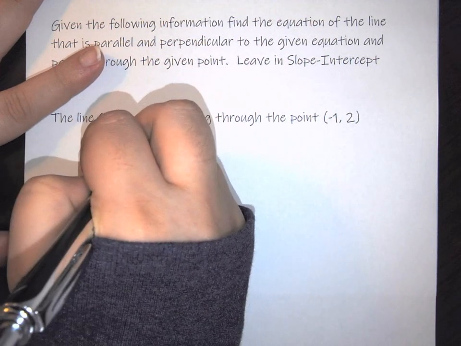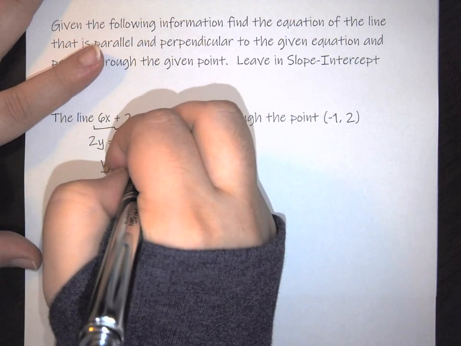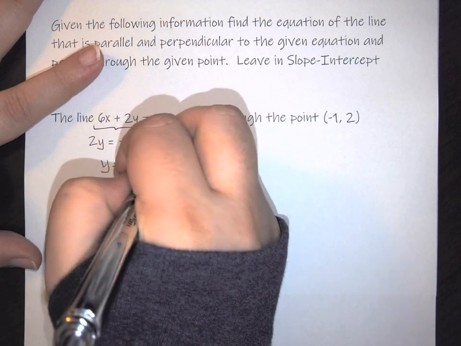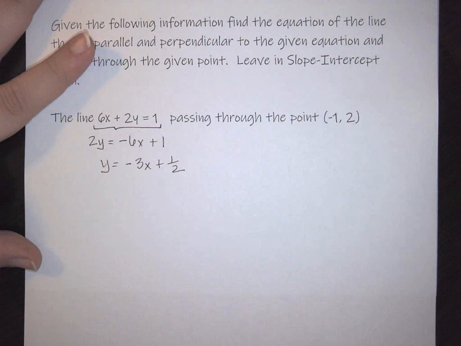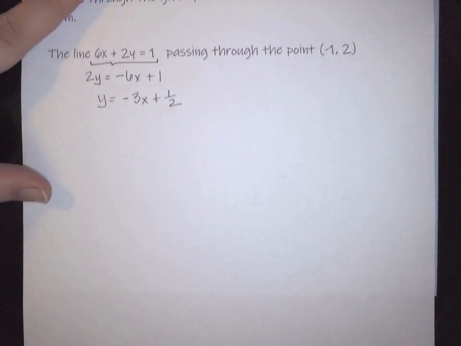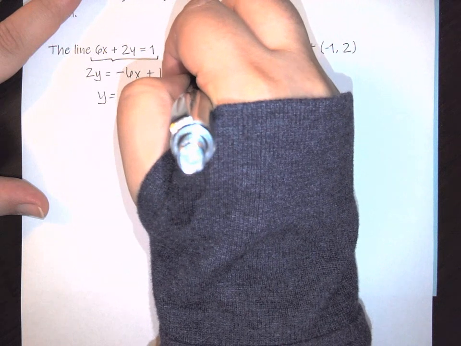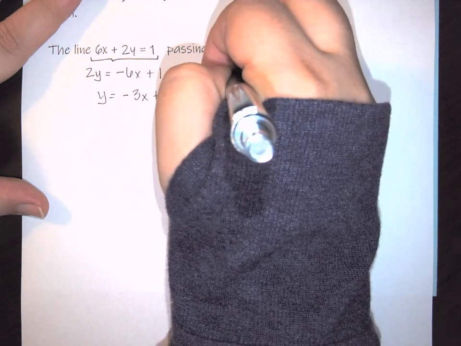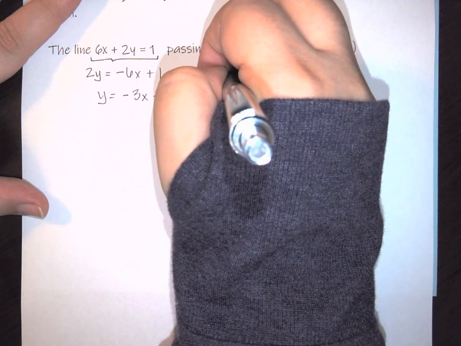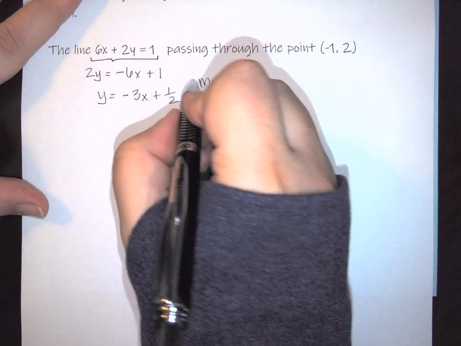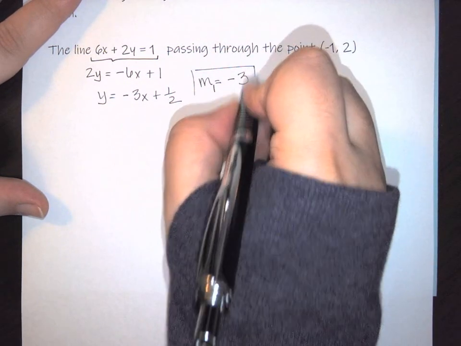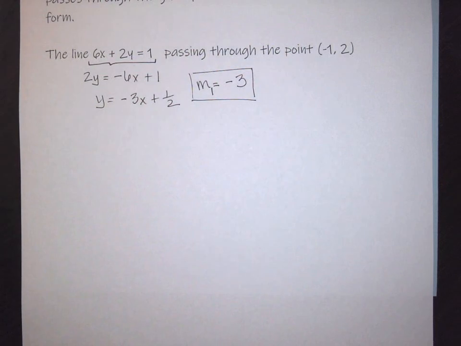So y is equal to negative 3x plus 1/2. What's important to note is that your slope, or your m1 value, is equal to negative 3. So here is the important thing that we had to take out of this: that slope.